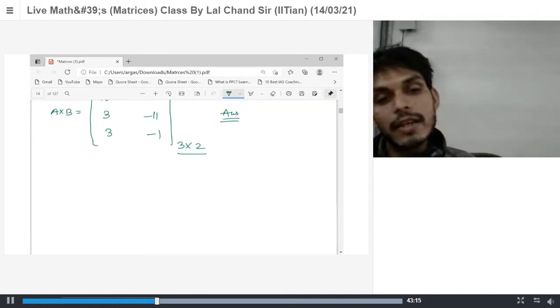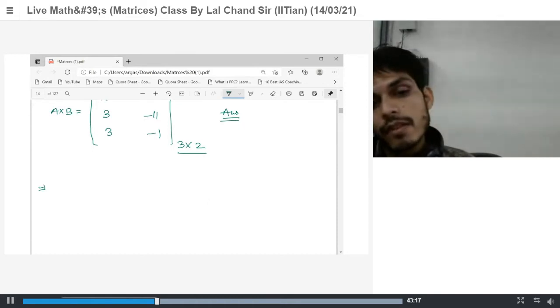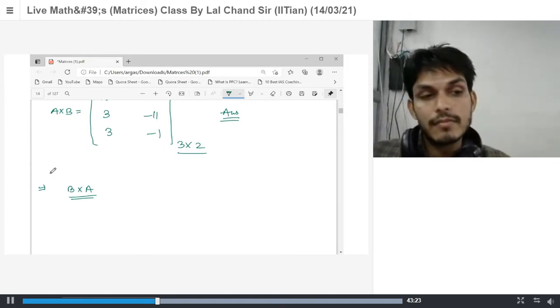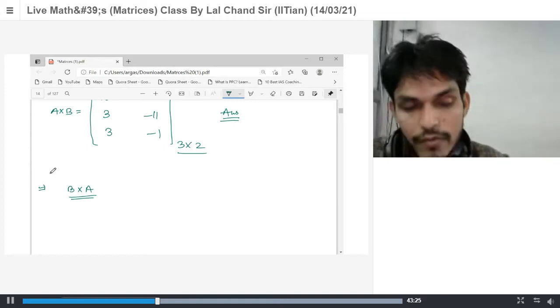Now let us check whether B cross A is defined or not. So how do we check whether B cross A is defined or not?